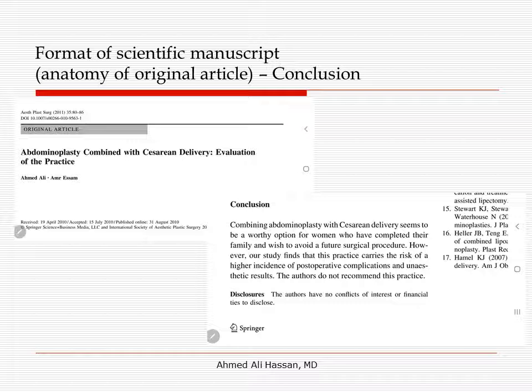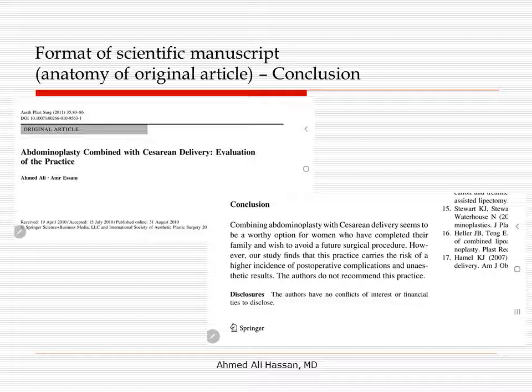Here is a study titled Abdominoplasty Combined with Cesarean Delivery, Evaluation of the Practice. So the study was about combining abdominoplasty for patients who underwent cesarean delivery.